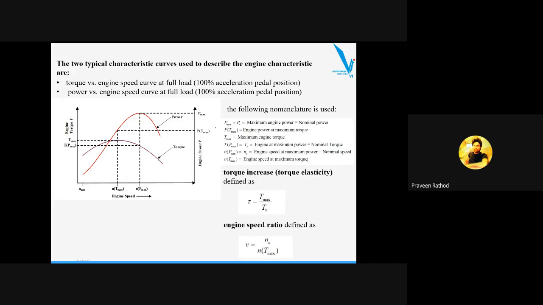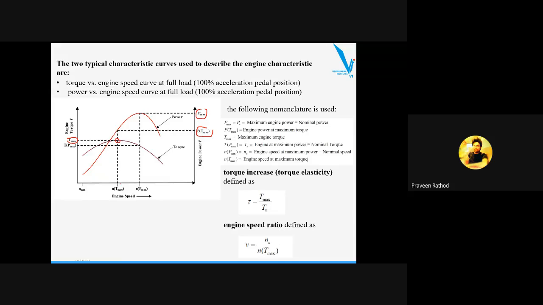Pmax is the maximum engine power, that is, the nominal power. P of Tmax is the engine power at maximum torque. Tmax is the maximum engine torque, developed at the intersection point over here.